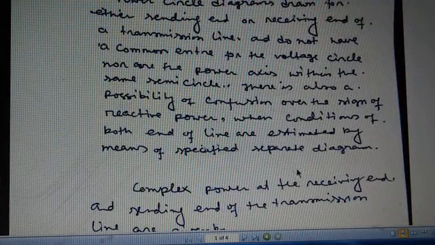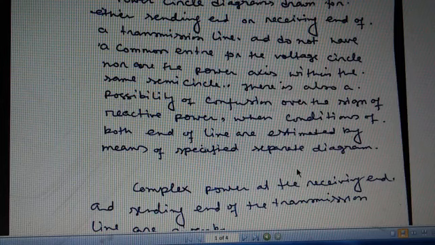Generally, it is customary to determine the sending end voltage Vs and current Is, while the receiving end voltage Vr and the receiving end current Ir are known. One of the most interesting features of such a circuit when operating at a fixed frequency is that it behaves according to a circular function.